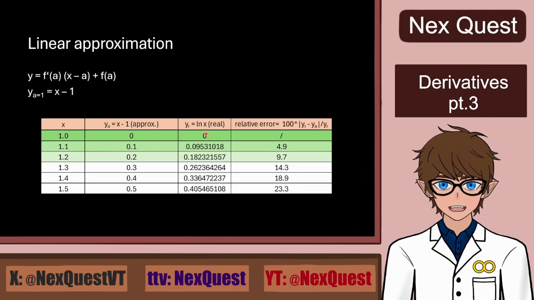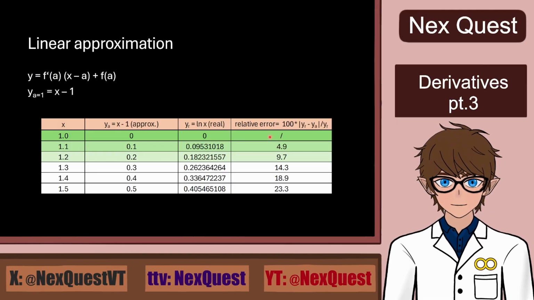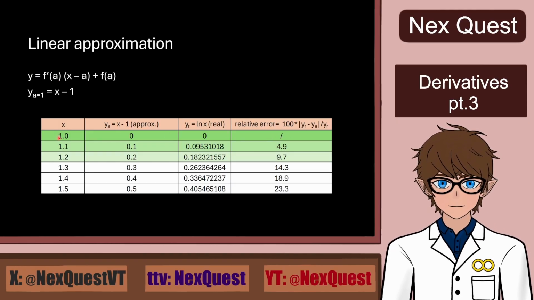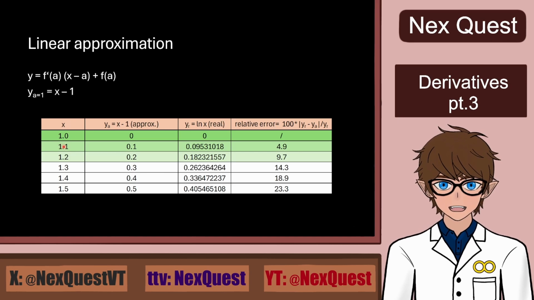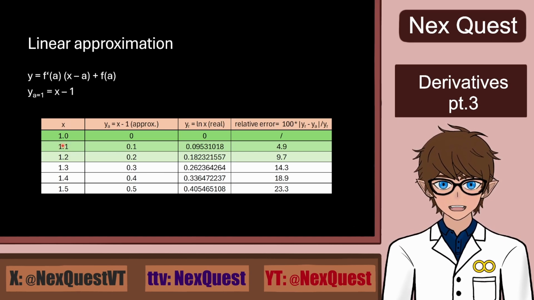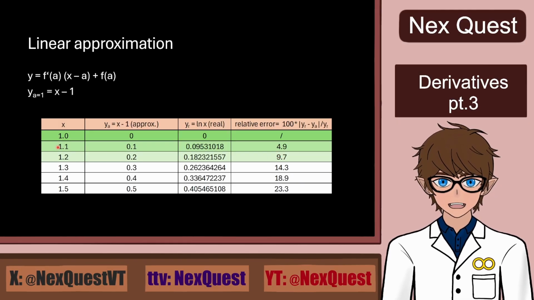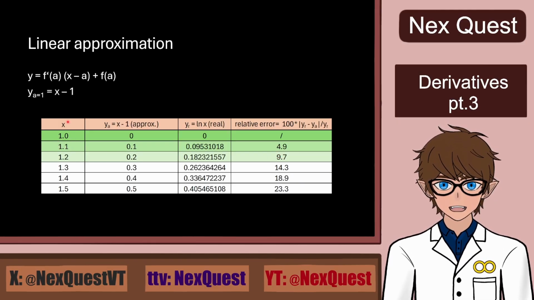The dark green is the value at which we set the approximation, so the relative error will be 0, obviously. But as we distance ourselves by 0.1 unit, from 1 to 1.1 as x, we see that our relative error is already almost 5%. Moving to 1.2, the error is already at about 10%, meaning 0.1 deviation from this value.